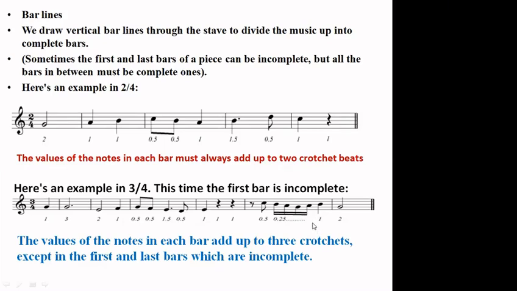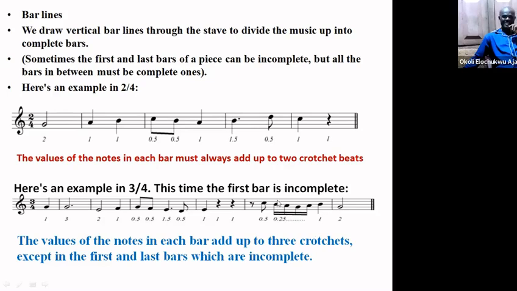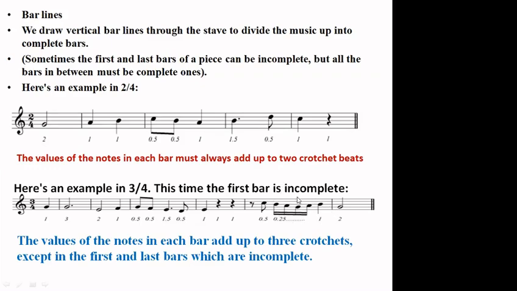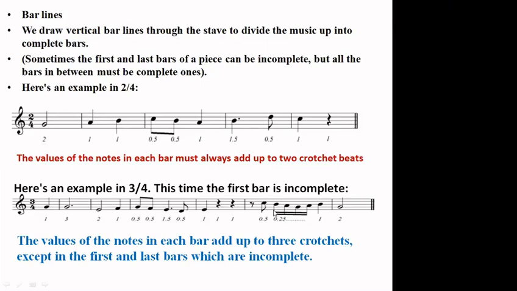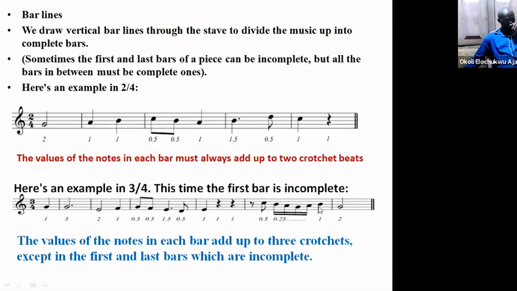Thank you very much. So you see that it doesn't matter what kind of note is placed in this bar. What matters is that as you are singing, you are observing the duration, the value of each note, so that at the end of this bar, you would have been able to count 3 crochet beats, not minding what is placed here.